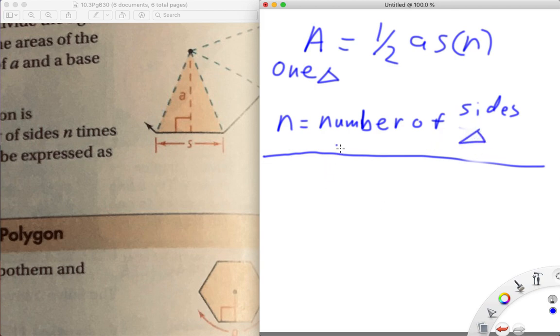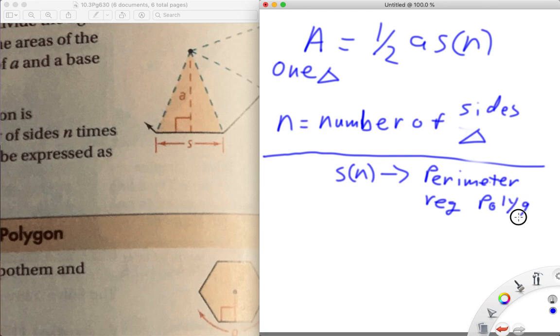But let's look at this, s times n, the side times the number of sides. That's really the perimeter of the regular polygon. S times n is the perimeter, and we call that perimeter P. So P equals S times n.